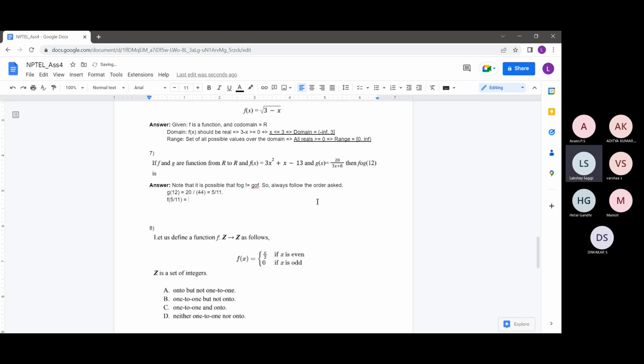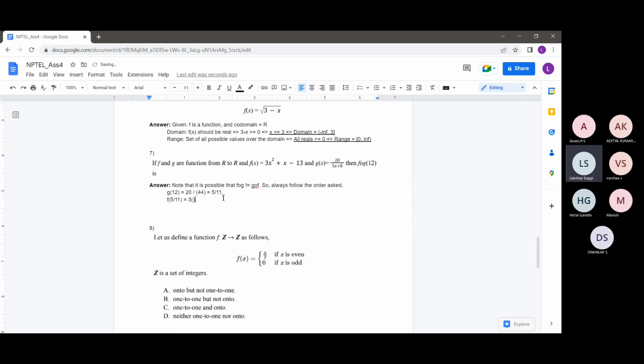Can someone in chat also tell me what the answer to this would be? It's a straightforward calculation, right? I can also do it, but I just feel that you guys can answer it faster with a calculator or something. So basically I need to evaluate F at 5 by 11.